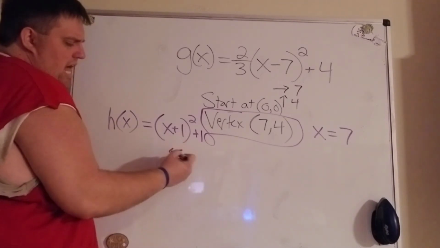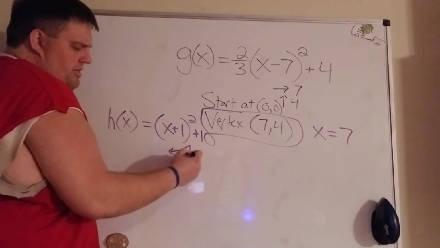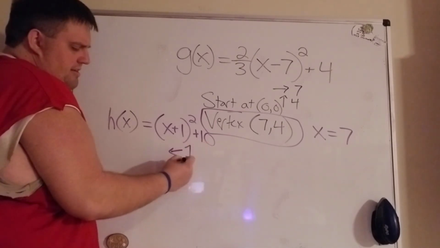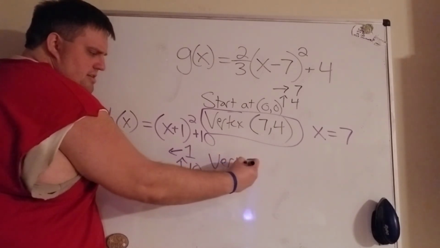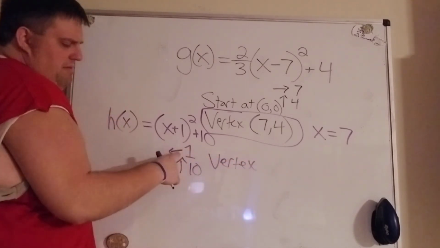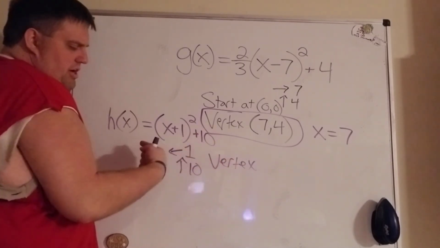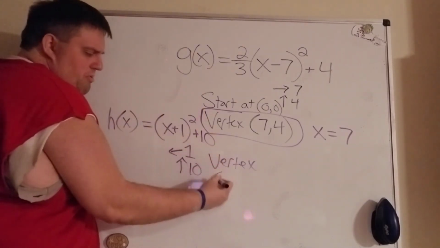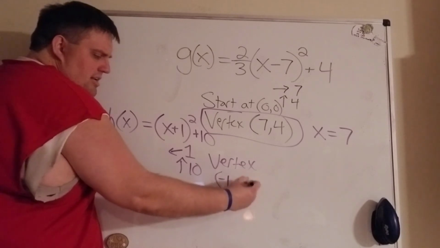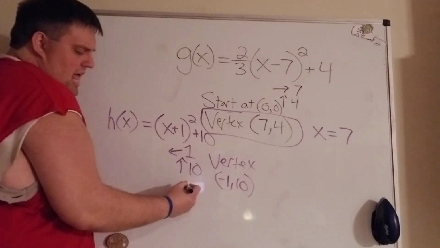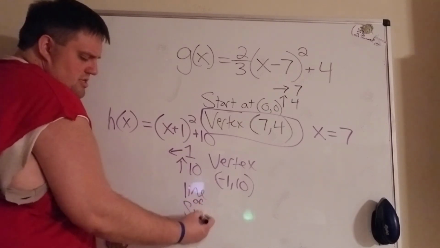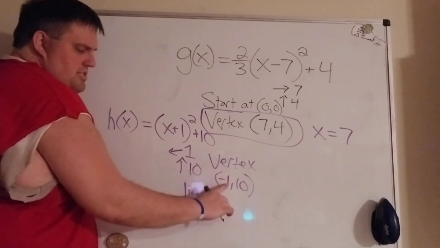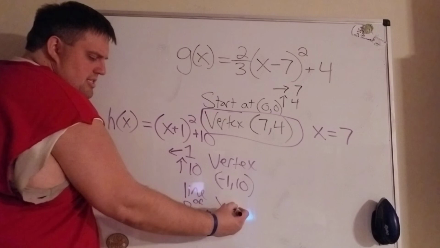Plus 1, remember that's opposite, so it's going to go left 1, up 10. So for my vertex, I'm going to follow the same method. I start at (0, 0), go left 1, up 10. That would be the point (-1, 10). So that means my line of symmetry is going to take the x value: x equals -1.